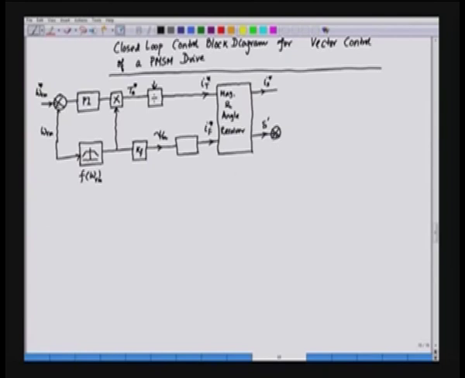We have a summer in this case, we add the angle of the rotor, that is theta r, and this is called theta s.